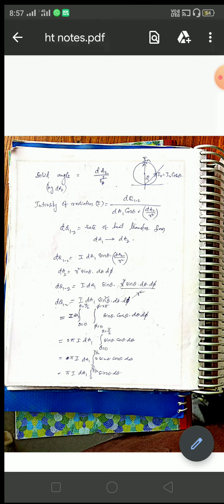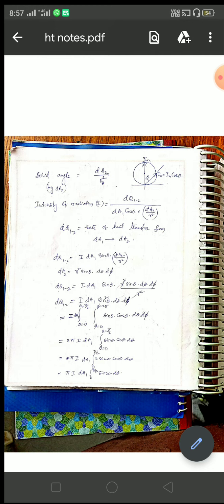So the radiation exchange dq from surface 1 to surface 2 is I, the intensity of radiation, into dA1 cos theta dA2 by r square, and dA2 is r square sin theta d theta d phi. This we know from the figure just before, where we know dA2. Now substitute within the limits.